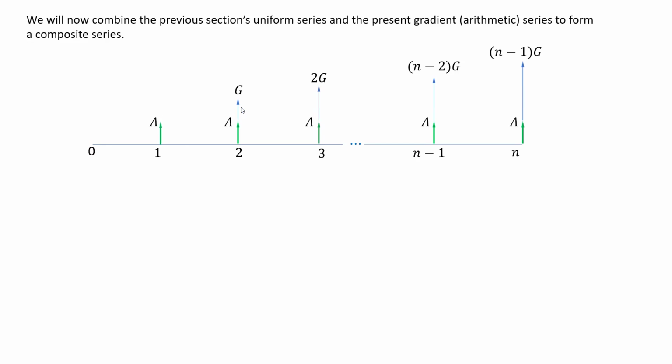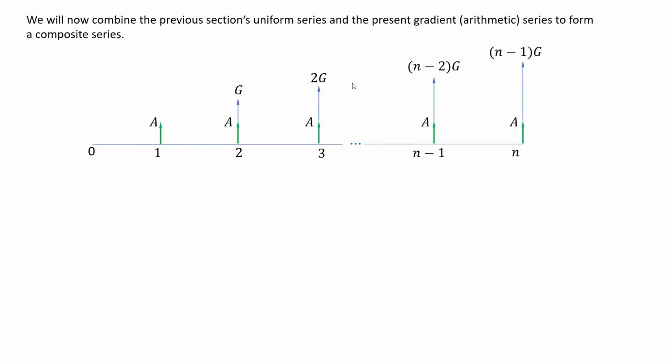It just so happens that it is 0G at t equals 1. Right? Again, recall that ramp that we had set up. Okay, so G, 2G, n minus 2 G, and n minus 1 G. By the way, why is this n minus 1 G? How in the world did I know to make that n minus 1 times G? Why is it not nG? Right?